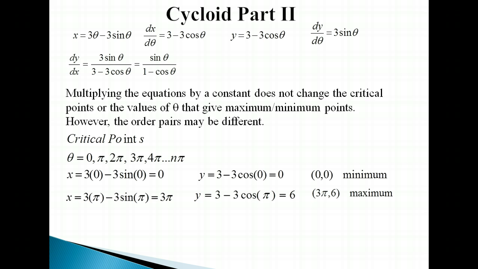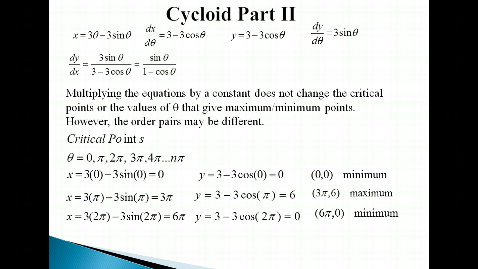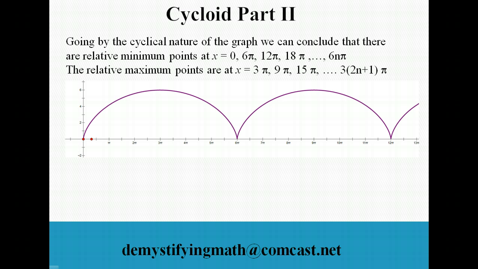I plugged in pi into both the x and y equations, and I got (3 pi, 6) as a maximum, and (6 pi, 0) as a minimum. So we have all these critical points, and we're going to have (3 pi, 6) for that maximum point.